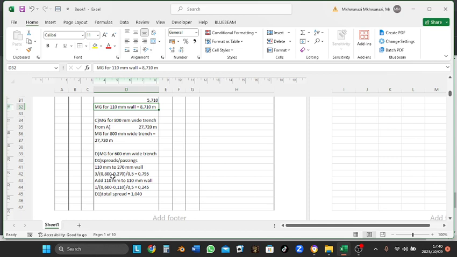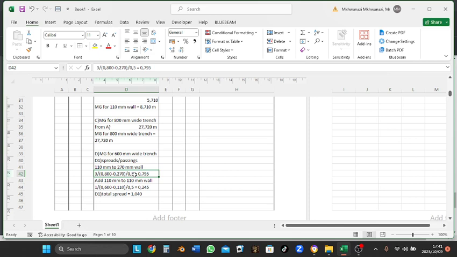Then we're going to subtract the thickness of the brick wall so that we can get those spreads. After getting those spreads, we're going to get the length of the 2 spreads. So we want 1 spread. To get 1 spread, we're going to divide by 2. Dividing by 2 is the same as multiplying by 0.5, so we multiply by 0.5 here.